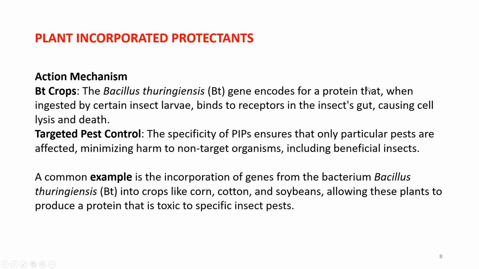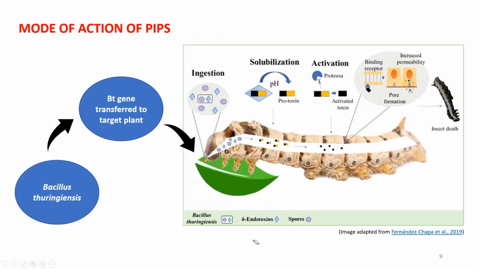The targets of these kinds of toxins are very specific, which ensures that only particular pests are affected, minimizing harm to non-target organisms including beneficial insects. A common example is the incorporation of genes from the bacterium Bacillus thuringiensis into crops like cotton, corn, soybean, which allow these plants to produce a protein that is toxic to specific insect pests.